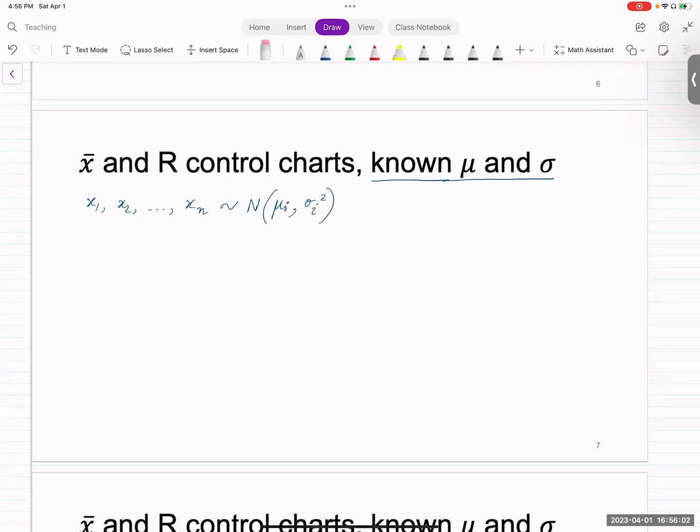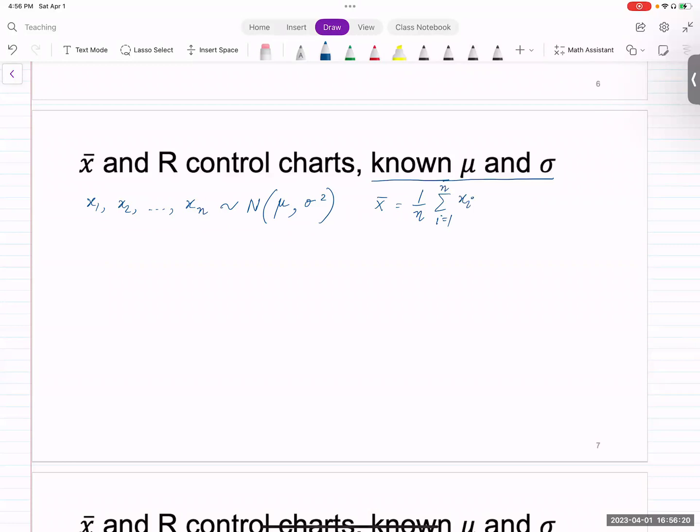Actually, it doesn't have to be mu I, it just has to be mu, comma, sigma squared. You can always define X bar equals 1 over n summation of i equals 1 to n xi.